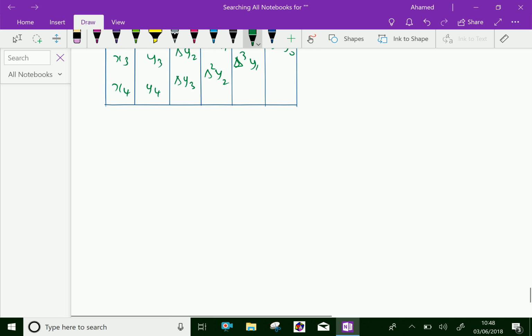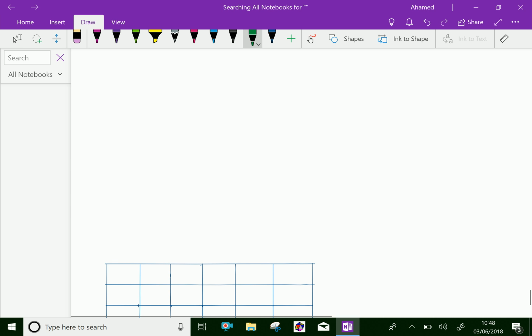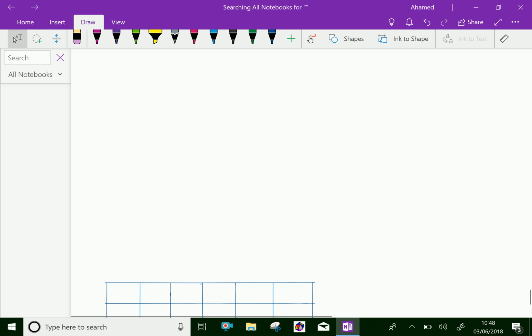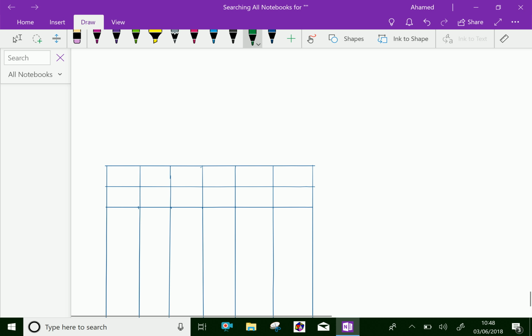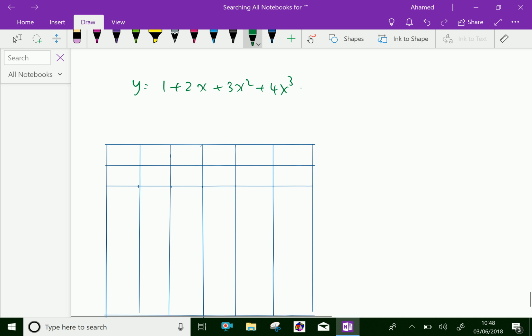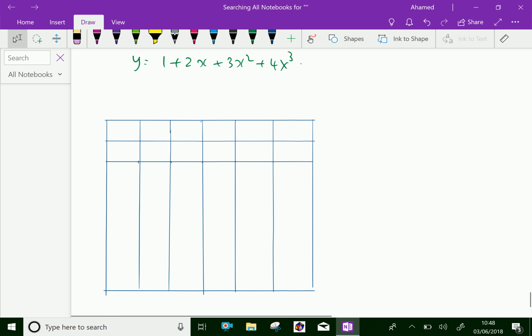Now let us see an example. We will make the finite difference table for the following polynomial function. Suppose y equals 1 plus 2x plus 3x square plus 4x cube. Let us make the format of the difference table. First x, and this is f of x.